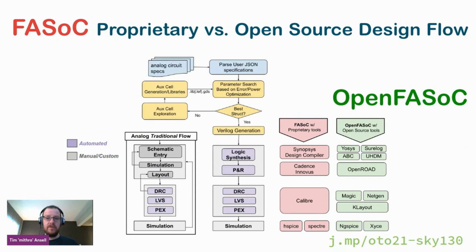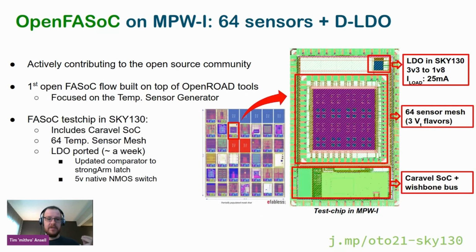But thanks to some excellent work via MEDI, there's now an open FASOC which replaces all the proprietary tools with open source tools. And they have been successful in taping out designs in multiple MPWs.